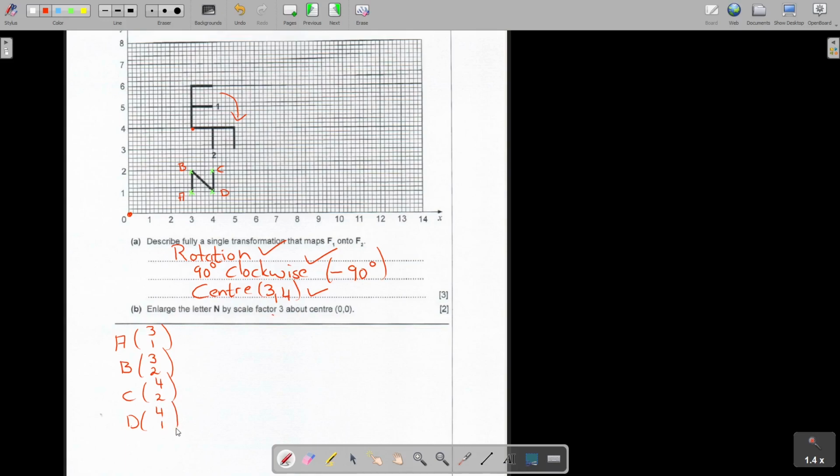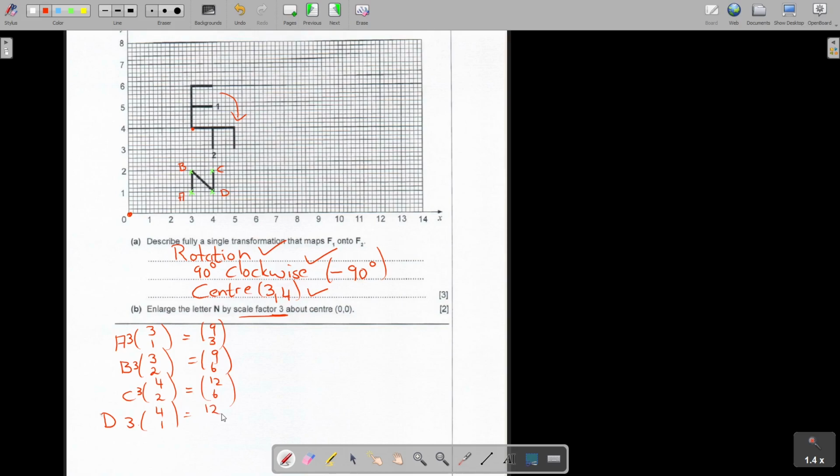Now, if the scale factor is 3, I'm going to multiply it by 3. Okay, my D is not going to work, sorry. I'm just going to move the D and I'm going to say 3. I could have just rewritten it, I was just lazy. So 3 times 3 is 9, 3. 9, 6. 12, 6.